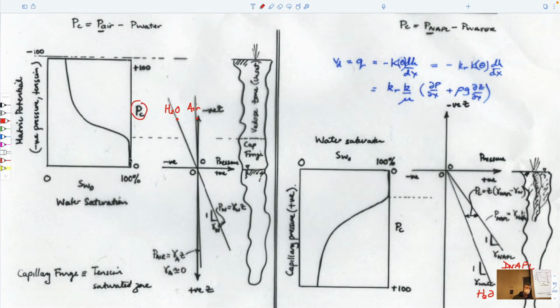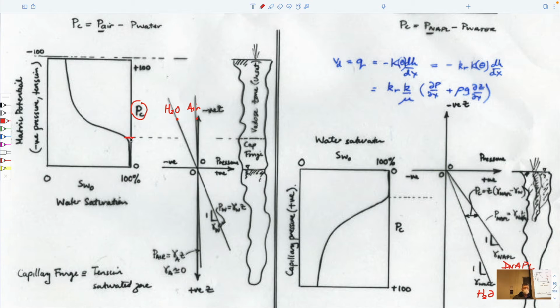So if we ignore hysteresis and the fact that these capillary pressure curves have a second limb, then we can follow the fact that the form of this says that there's a tension saturated zone, which is water saturated because the air can't break into it. It's 100% water saturated.